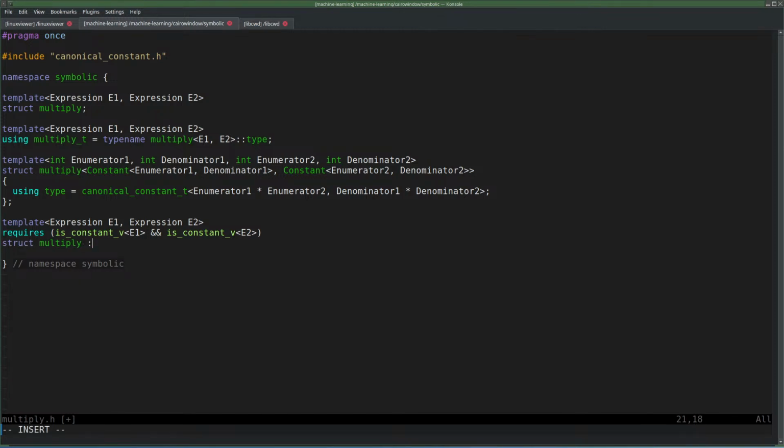And then we can implement this one in the other one, by then passing the enumerator.